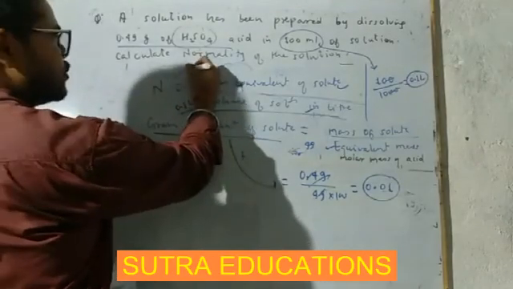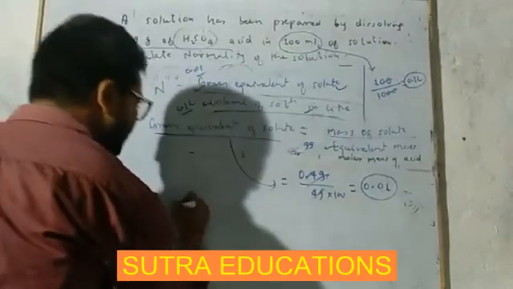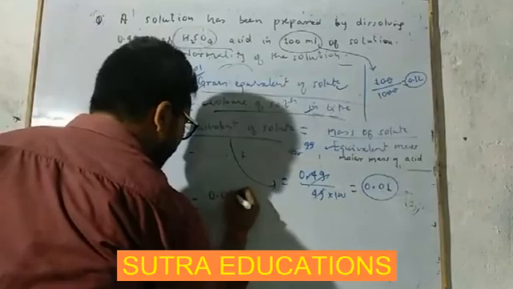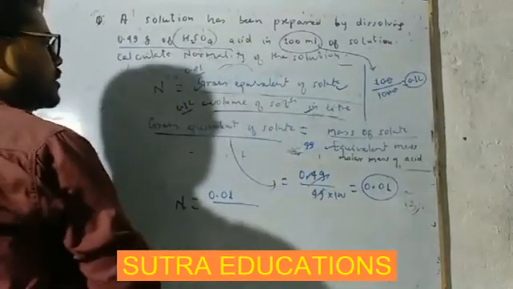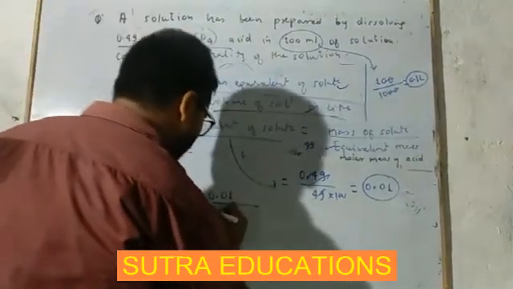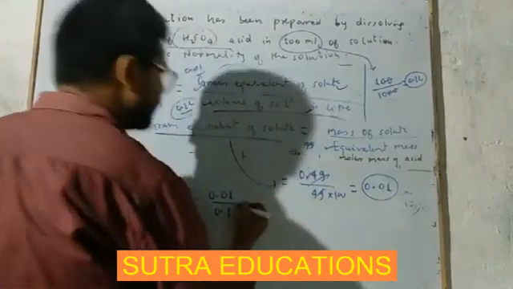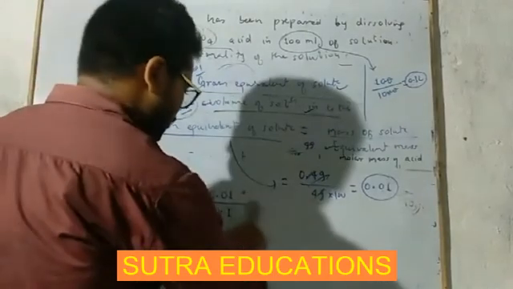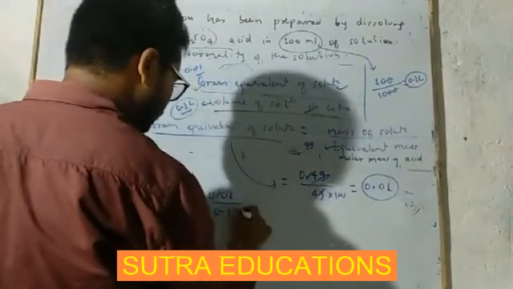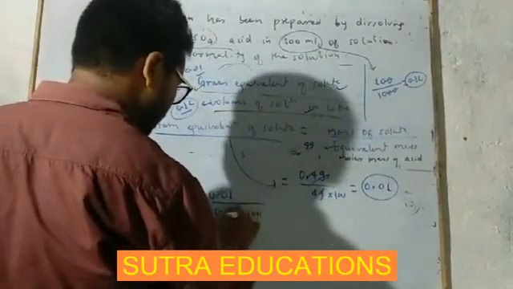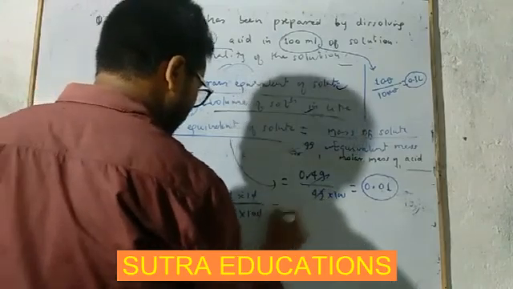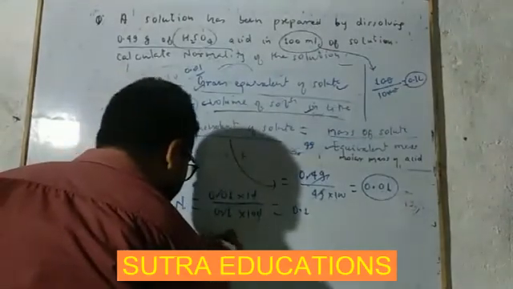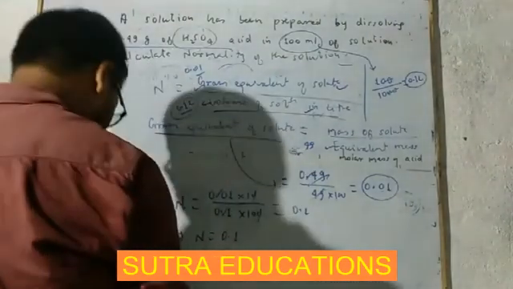So normality is equal to gram equivalent of solute, 0.01, divided by volume of solution in liter, 0.1 liter. So normality in this case is equal to 0.1.